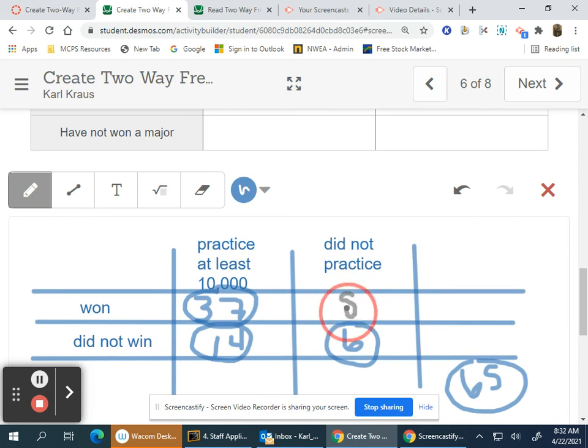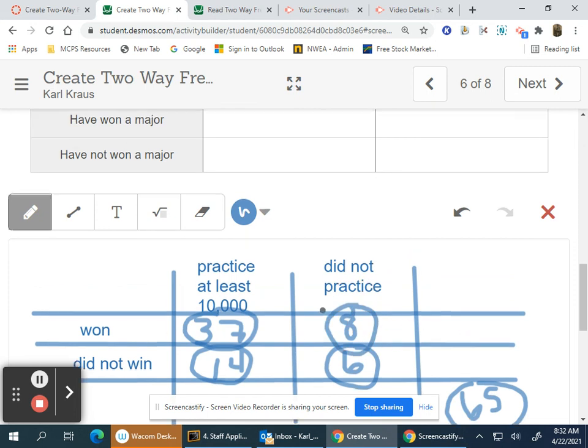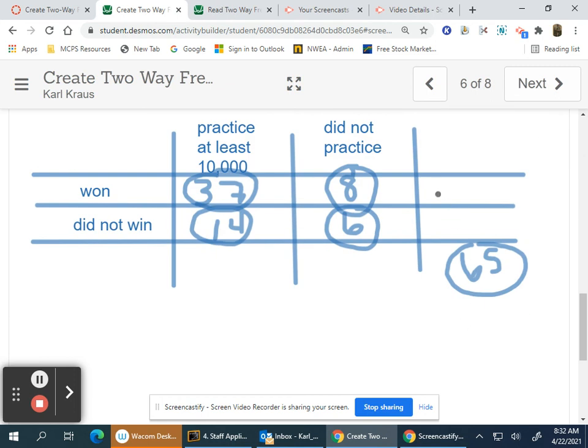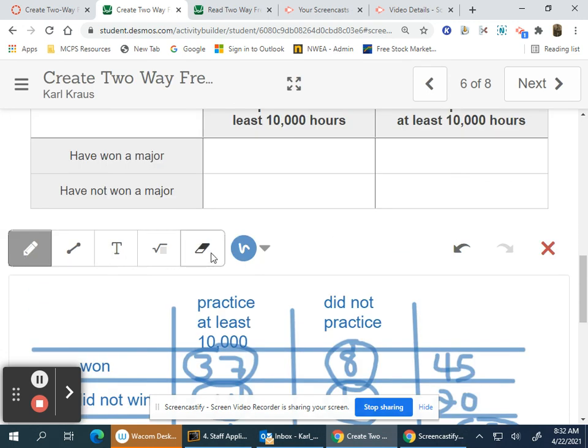So this one, you didn't have to make this. You'll find all the information right there. But if I total this up, 45 and 20, it's 37, 47, 51, sorry. Need to erase that.